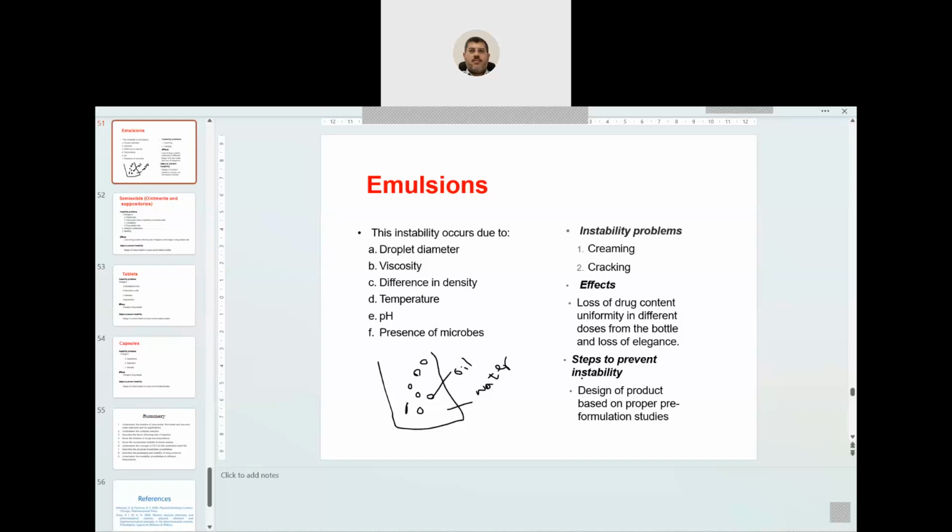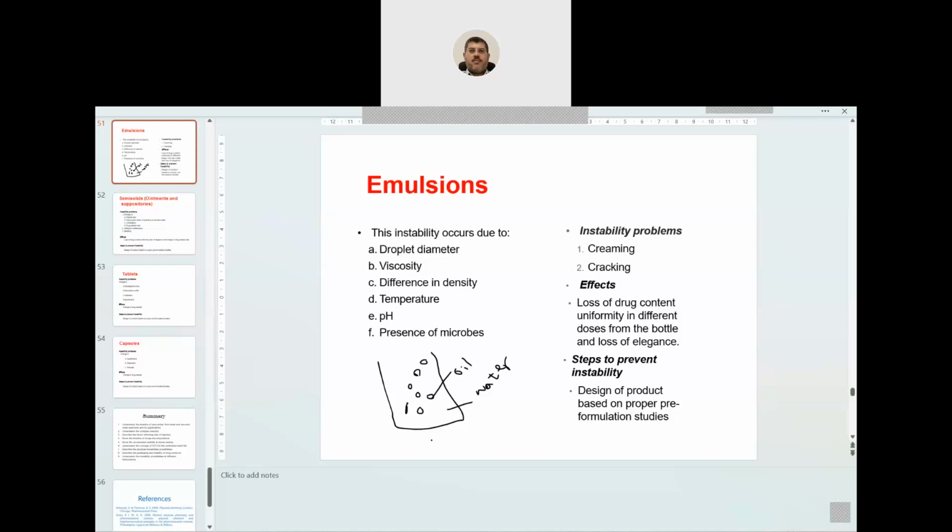How to prevent this instability? Again, by collecting enough information about the ingredient, the oil that we want to disperse or emulsify. And then depending on the pharmaceutical development studies that we do, stability study, we try different formulations.